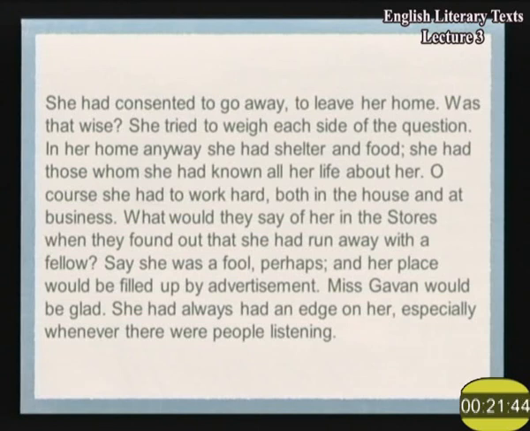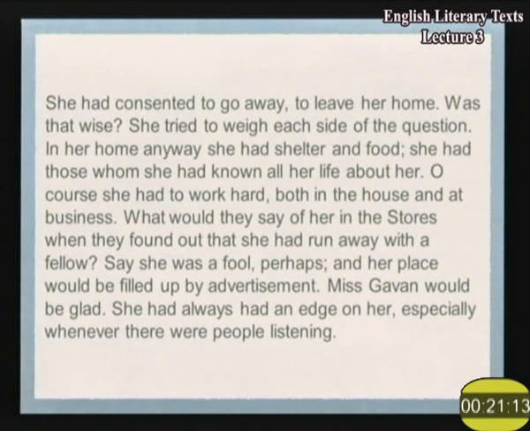In her home, anyway, she had shelter and food. She had those whom she had known all her life about her. Of course, she had to work hard, both in the house and at business. Here we have the balance of not so good. Working hard is not such an advantage, but knowing people, the familiar objects, as she described them before, is something good.